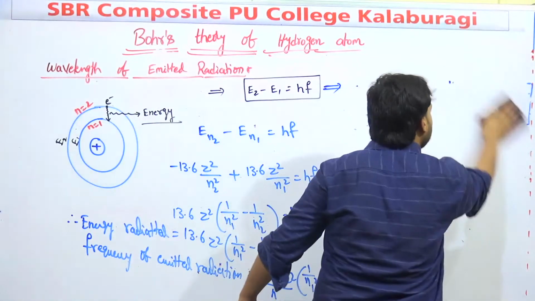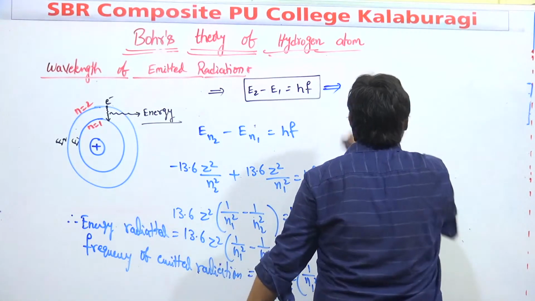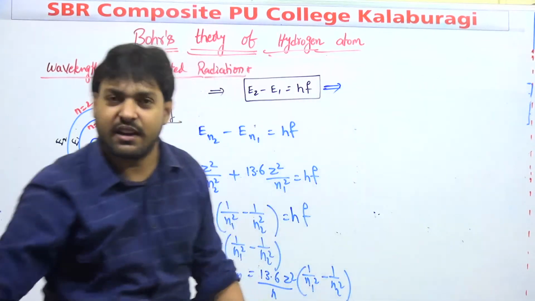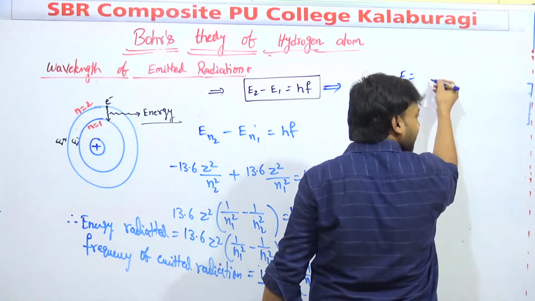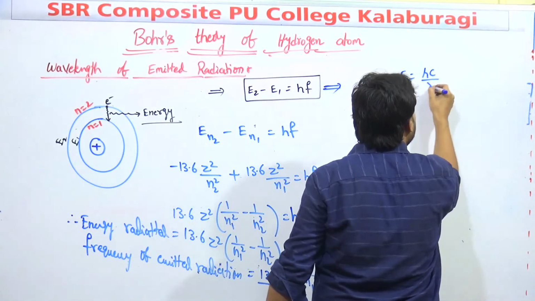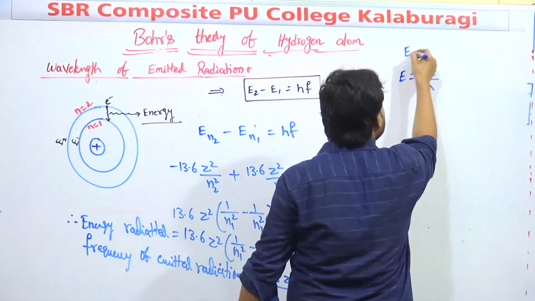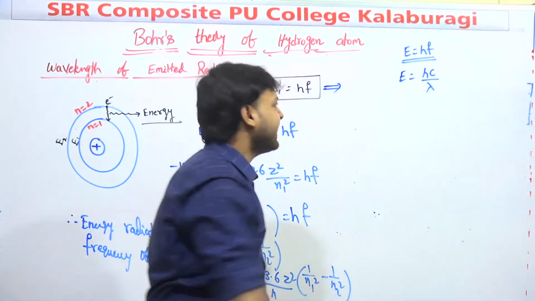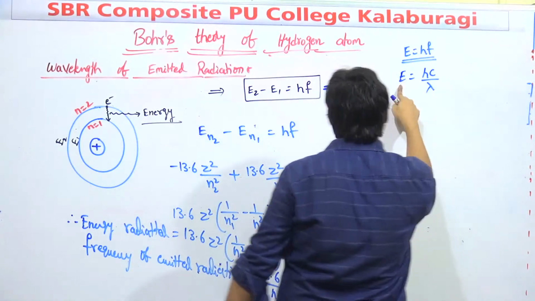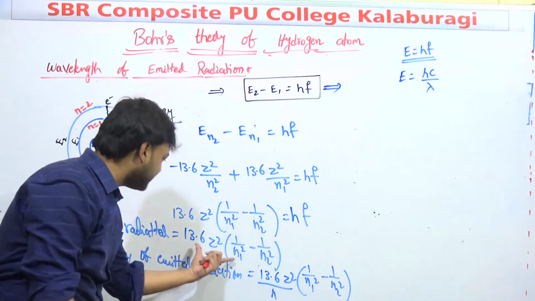What is the relation between energy and wavelength? We discussed in dual nature that the energy emitted is equal to hf, which I can write as hc by lambda. The energy which is emitted is this one.